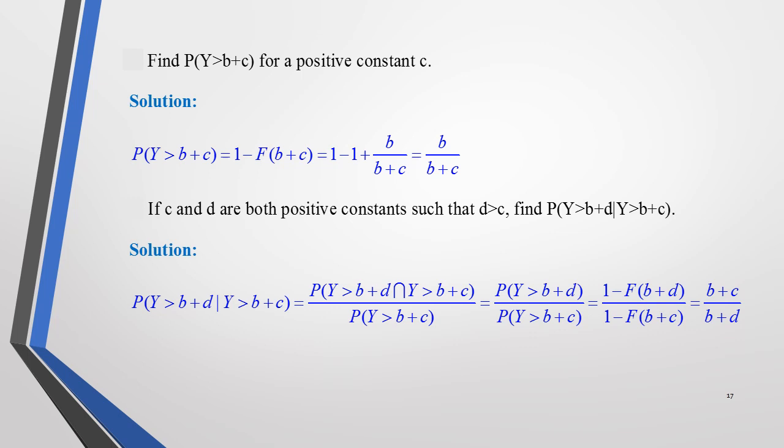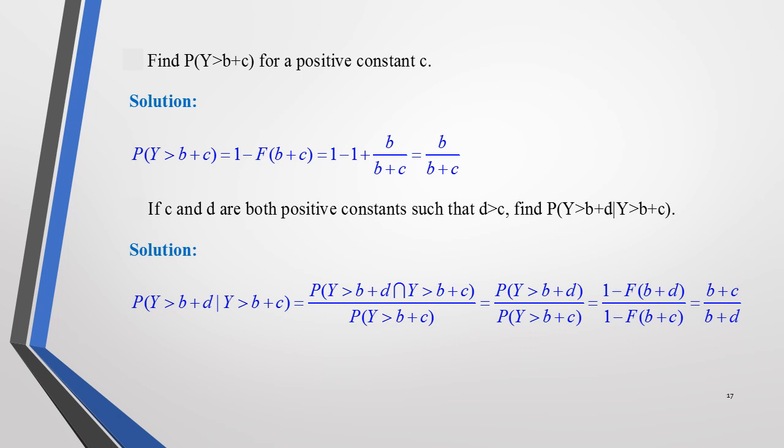This conditional probability is equal to the probability of the intersection between Y greater than b plus d and Y greater than b plus c, divided by the probability of Y greater than b plus c. Note that d greater than c means b plus d is greater than b plus c, which means Y greater than b plus d is contained in Y greater than b plus c.